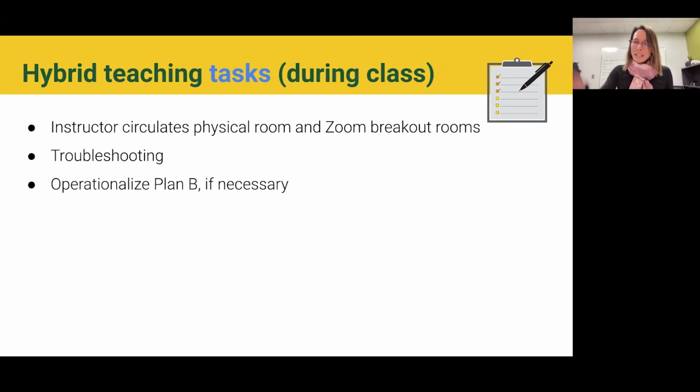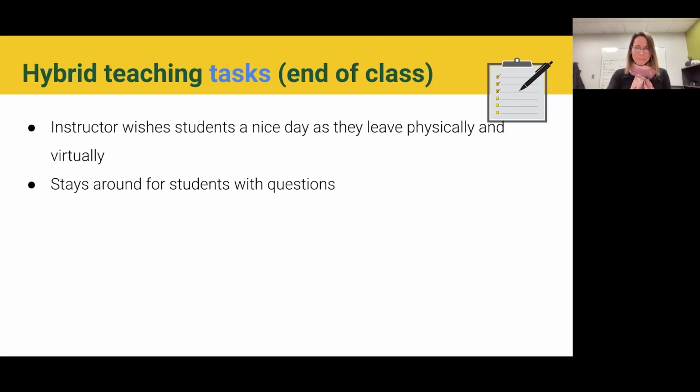Maybe the instructor has to toss Plan A out the window and operationalize Plan B, if there is a Plan B to be had. At the end of class, the instructor wishes the students a nice day as they leave the physical and virtual space and sticks around for any questions that the students might have. So you can see there is a lot, and if you're feeling a little tired at the end of a hybrid class, this might be why.